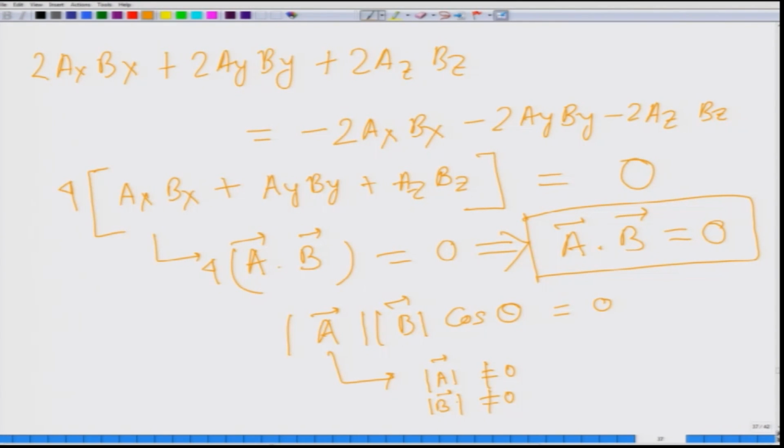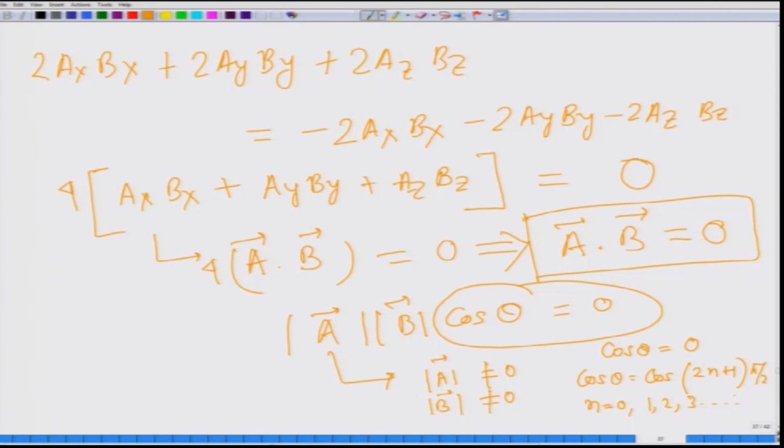The magnitudes of the two vectors are not 0. So the only possibility is cosine of theta is equal to 0, or cosine of theta is cosine of (2n plus 1) pi by 2, where n equal to 0, 1, 2, 3 and so on.